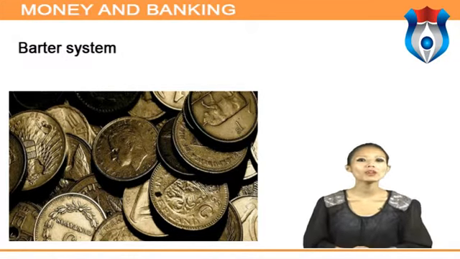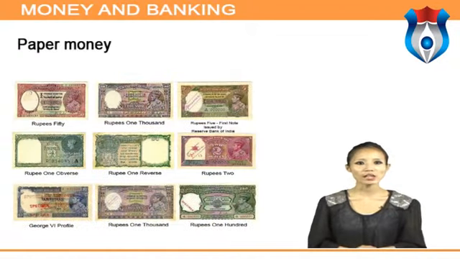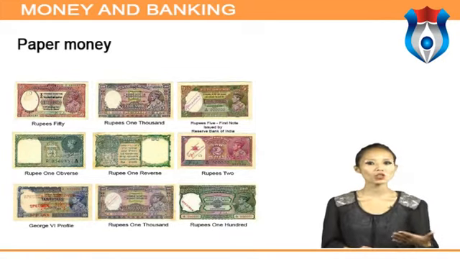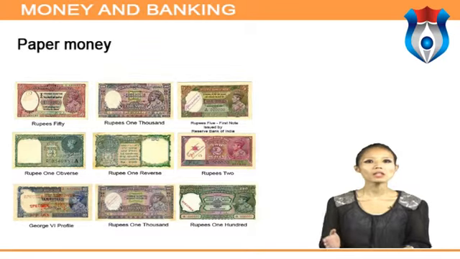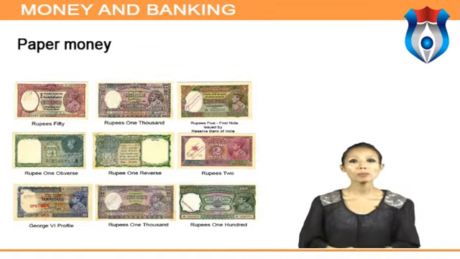Now we will move further and study about the evolution of paper money. As civilization progressed and trade increased, more and more mediums of exchange were needed. Gold and silver coins were popular but somewhat inconvenient to carry around. Goldsmiths began to offer to store people's gold safely if one did not want to keep it in one's house.